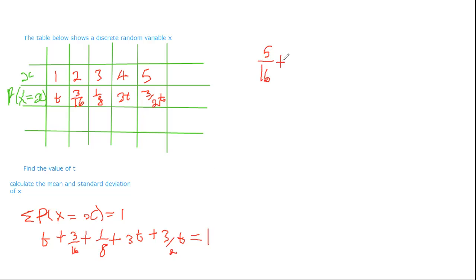Then we are now going to add t plus 3t, that gives us 4t. Sorry, that's a mistake.